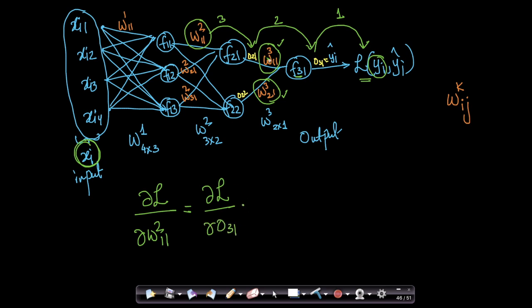What is the second step here? Your O31 is impacted by O21. So the derivative of O31 with respect to O21. And your O21 is impacted by W211. So the derivative of O21 by W211. Again, simple chain rule, very, very simple, right?